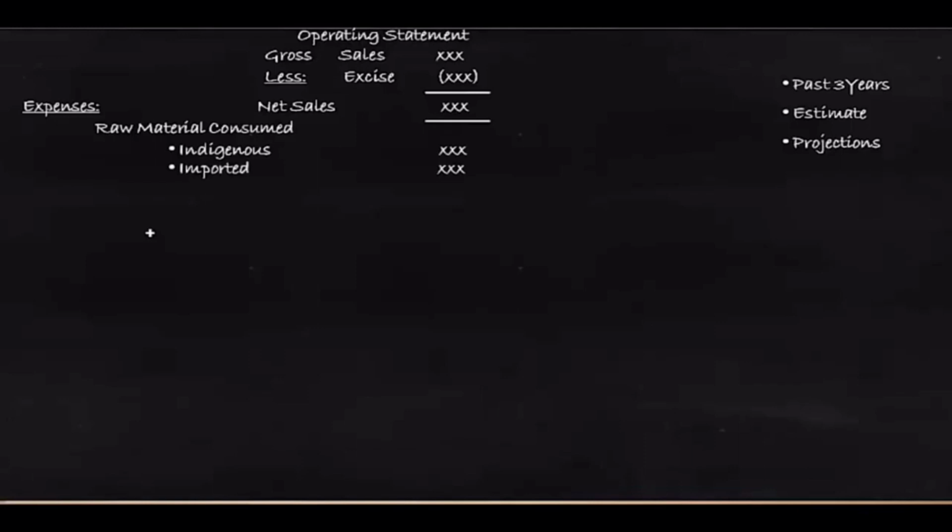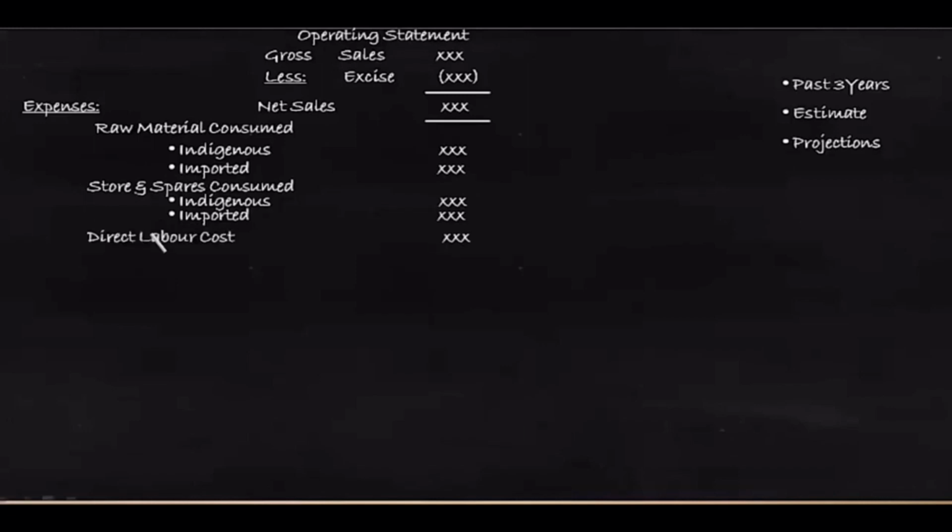This information is important because they have to understand how much is sourced locally, how much is sourced from outside the country, because when it becomes an outside country purchase, obviously it would require something called a letter of credit. For that purpose, this breakup is required. Number two, what are the stores and spares that have been consumed, and that should be broken into indigenous and imported. Then what is the expense incurred by the company on its laborers?